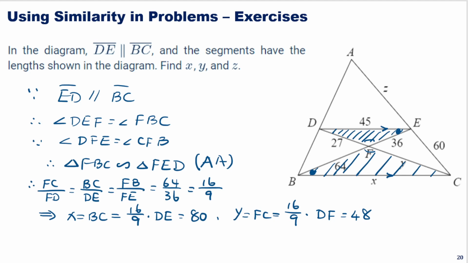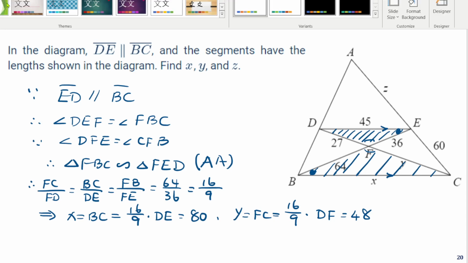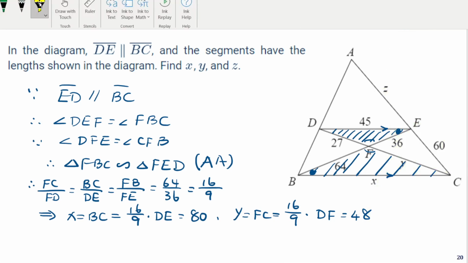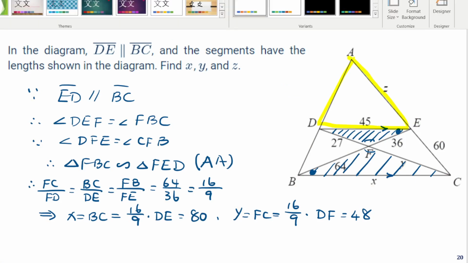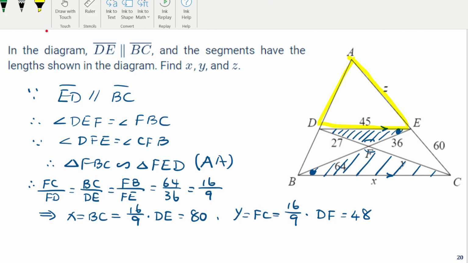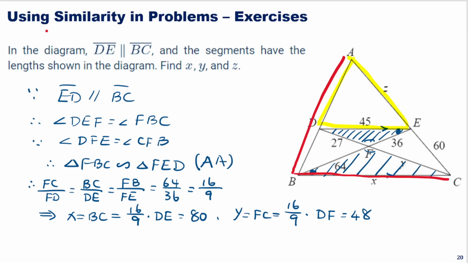Then if you have found x and y, then using another pair of similar triangles, for example, this triangle here, ADE, is similar with the larger one, this triangle, right?